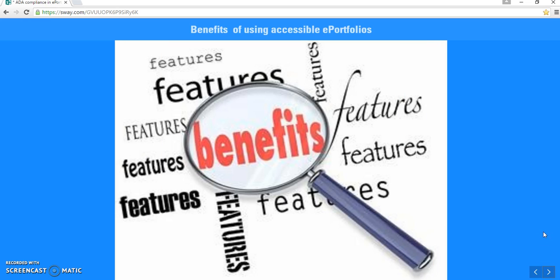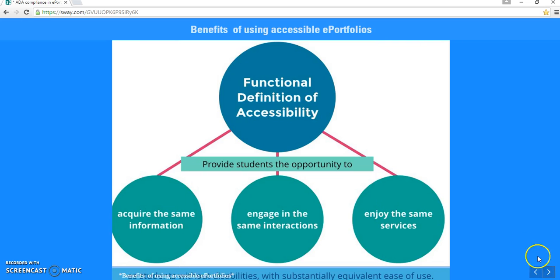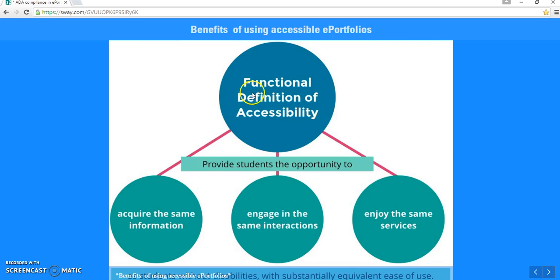Then what are the benefits of using an accessible ePortfolio? The benefits vary. The functional definition of accessibility provides students the opportunity to acquire the same information that everybody else does. It also engages in the same interaction. If the student has a disability, they will not be left out.